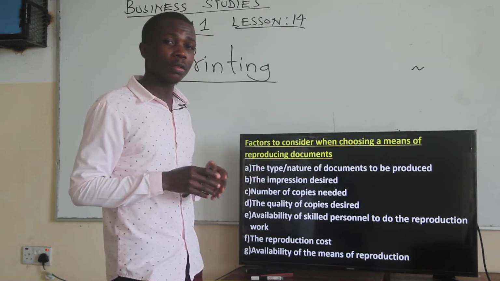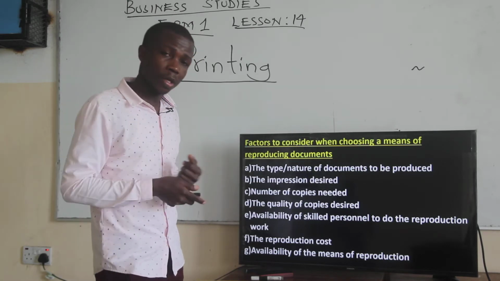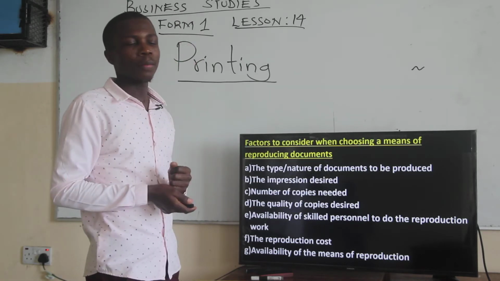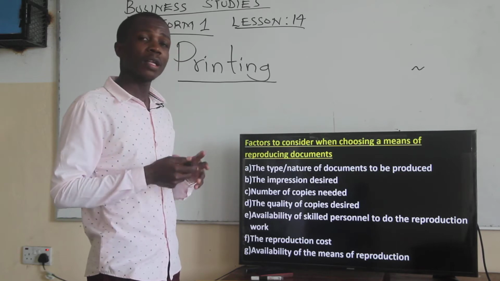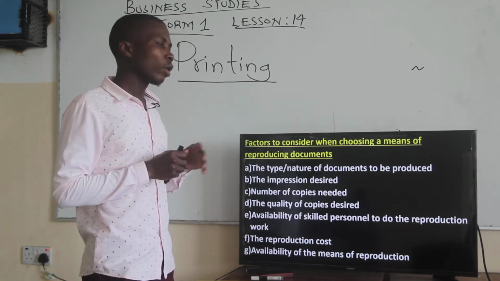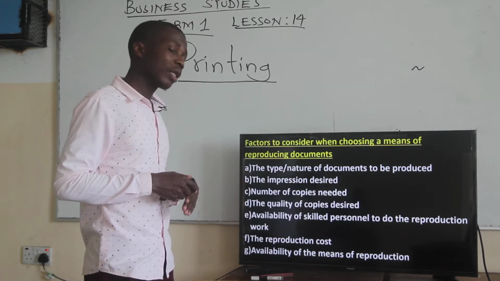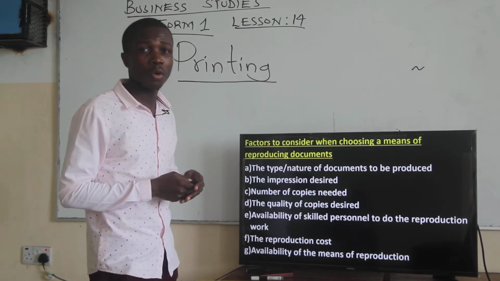As far as business is concerned, it may interfere with your budget or the profit margin within the company. So if you are that businesswoman or businessman, you want to come up with a method of producing documents in your office, you look at the one which is affordable to you at that time.